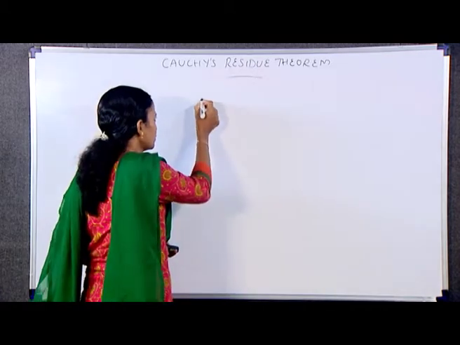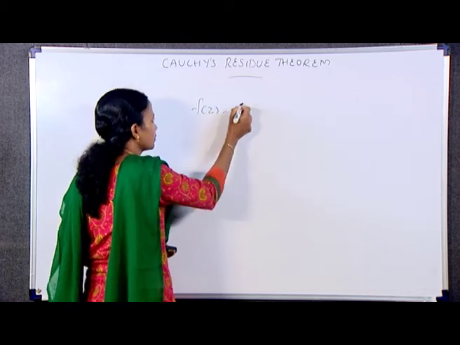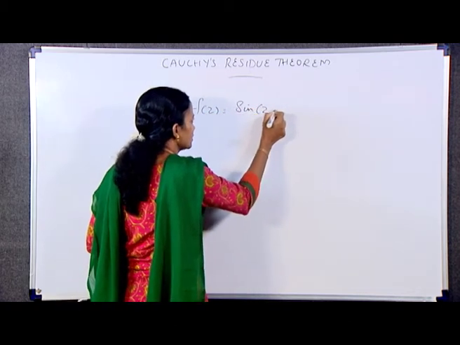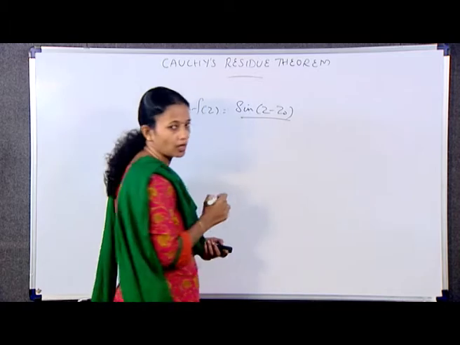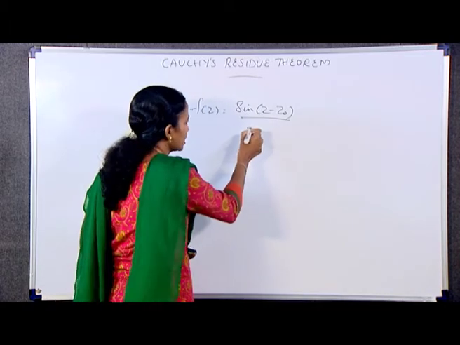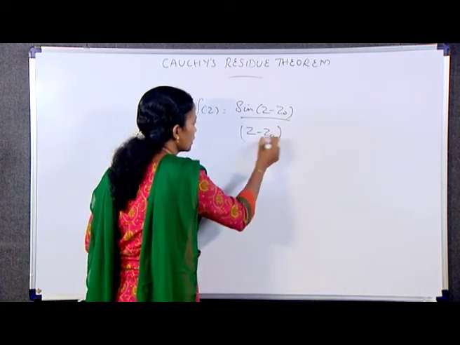f(z) is equal to sin(z minus z0) divided by (z minus z0) whole raised to 4.